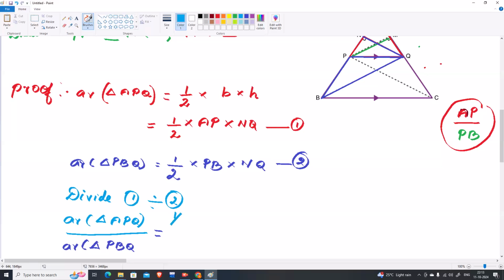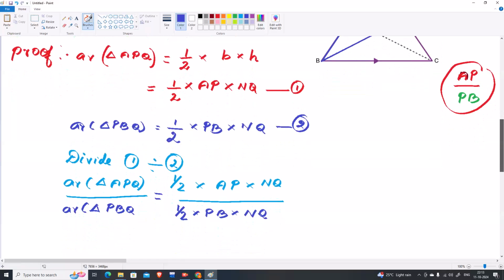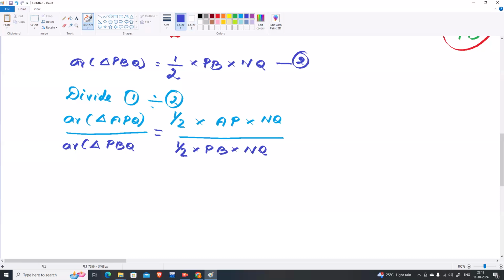In the first equation we got half into AP into NQ, and in the second equation half into PB into NQ. Division means we can simplify, so we strike the common terms. Half and half get cancelled, NQ and NQ get cancelled.